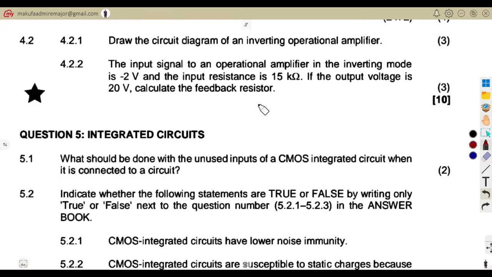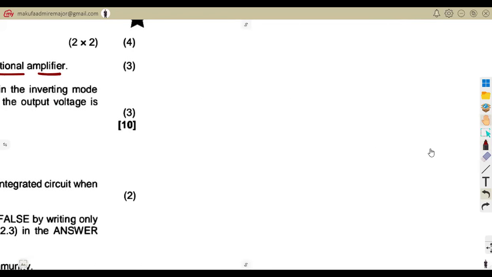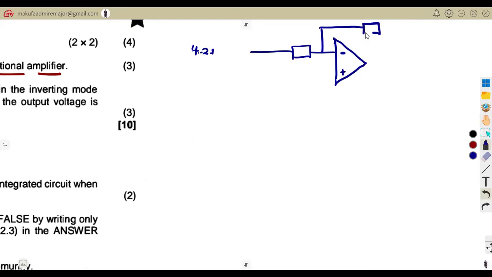4.21 was to draw the circuit diagram of an inverting operational amplifier. So remember, this is from your N4, guys. You had your input resistor. This is connected to the negative. So the inverting one, remember, will be connected to the negative, positive to ground, and this is now going to the feedback.